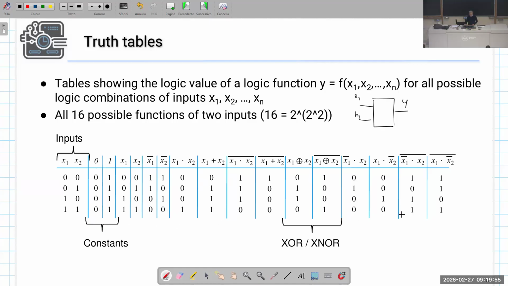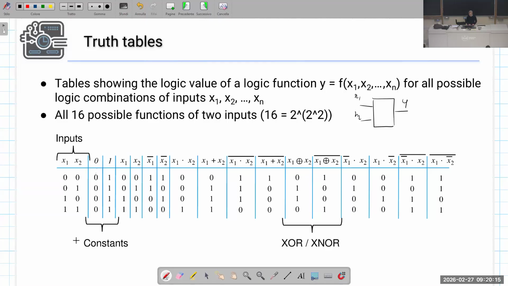If we want to find out all the possible combinational functions, we have to consider all the possible combinations of these four values, and these combinations are 2 power 4.